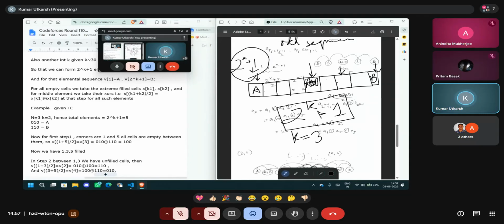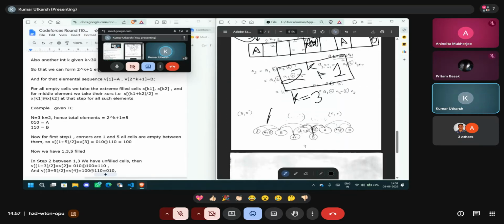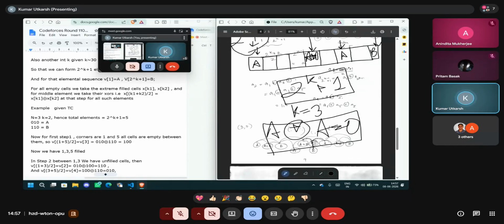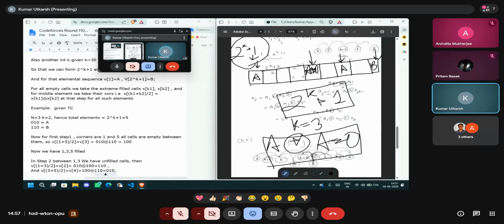It will be A XOR B XOR B, which is A. So I hope both of you know the property of A XOR A being 0, and also that XOR is commutative.